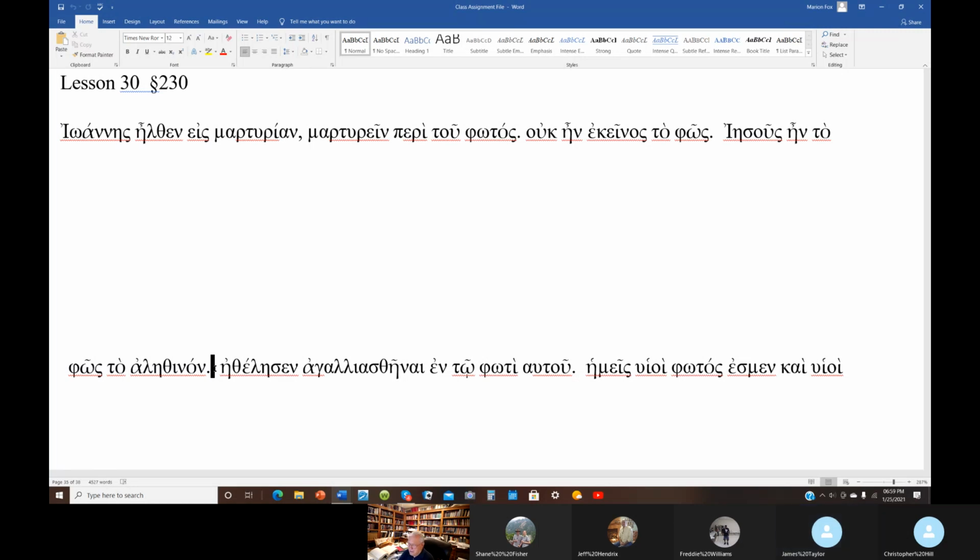Okay. All right. Now, right here is this. I got a sneaky question for everybody, for the whole class. What I've highlighted, is that accusative or is that nominative case? Remember, this article, to, can be either nominative or accusative singular. So can the on ending. I put it as a nominative.